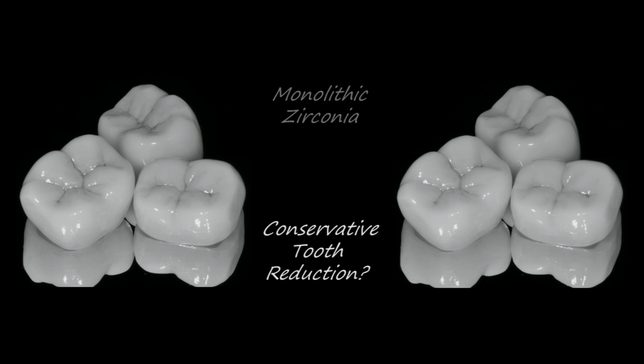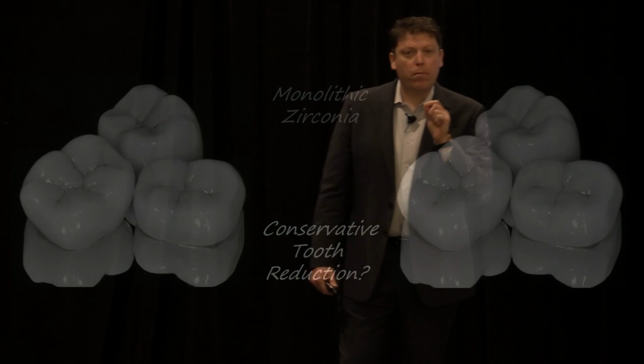The second question is, the mere fact that we're going to have a monolithic restoration, will it allow us to be more conservative in terms of tooth reduction? Can you imagine maybe trying to be more conservative in the posterior segment, reducing less tooth structure, maybe similar to what we do with gold crowns, yet provide the patient with a tooth color restoration?